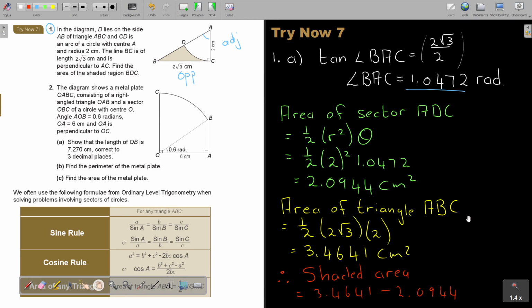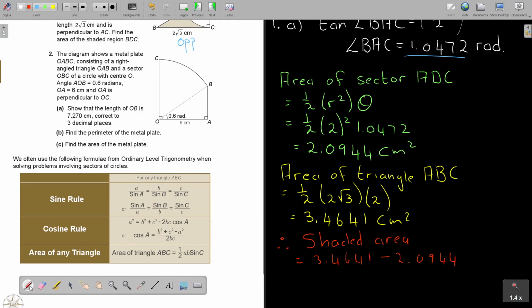Let's just move it a little bit up. Okay. So subtract the 2.0944, and I am getting, correct to three significant figures, 1.37 centimeters squared. So it's actually not so difficult.